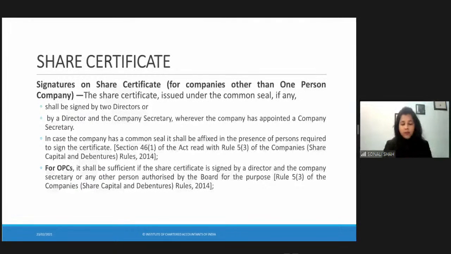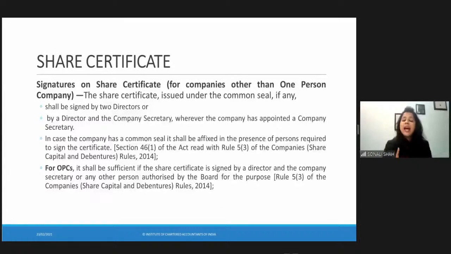What are these requirements? The share certificate, whether issued under common seal or not. Earlier common seal was mandatory, now it is optional for a company to issue a share certificate under common seal. Wherever the share certificate is being issued by the company, either it will be signed by 2 directors or it will be signed by 1 director and a company secretary where the CS has been appointed.